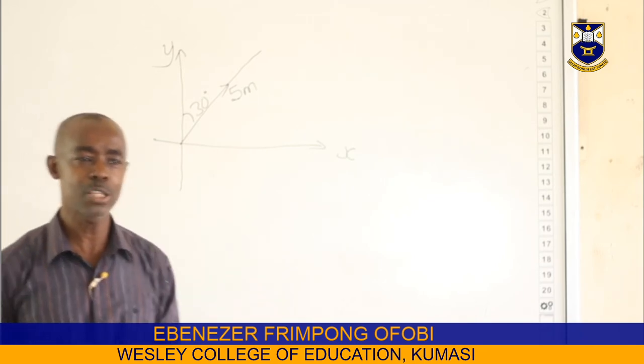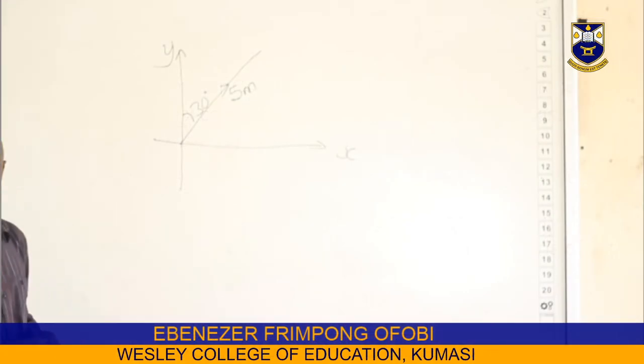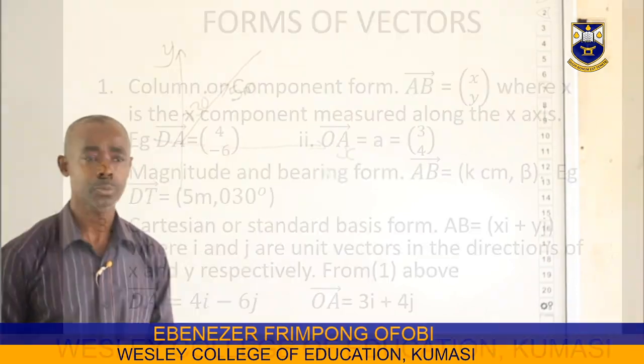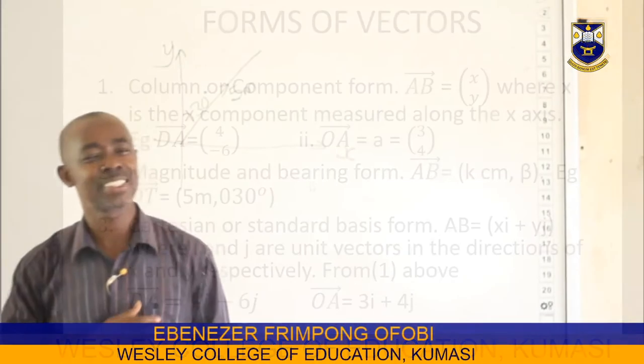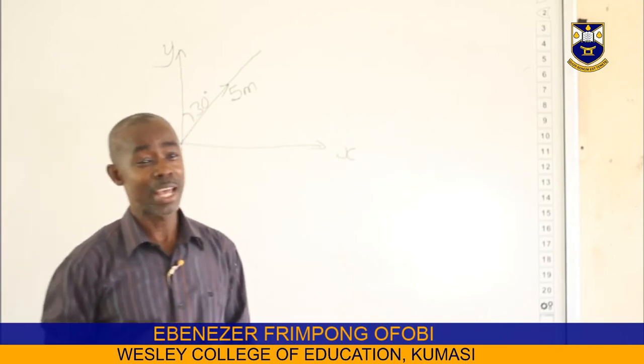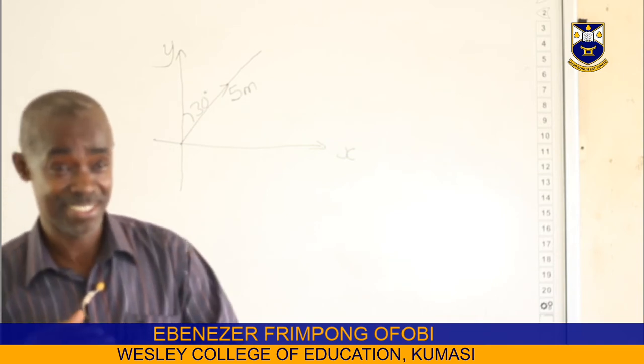Now let's move to the first one. The first one talked about the column or component form. I've clearly indicated you have vector AB as (x, y), where x and y are what we call the components of the vector. The x, as the name implies, is the x component, because it's measured along the x-axis.